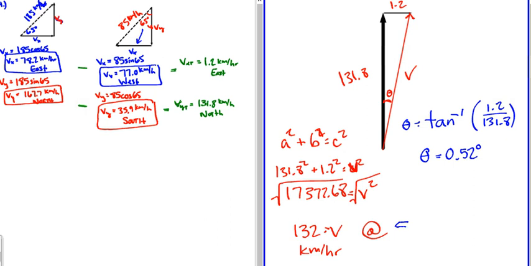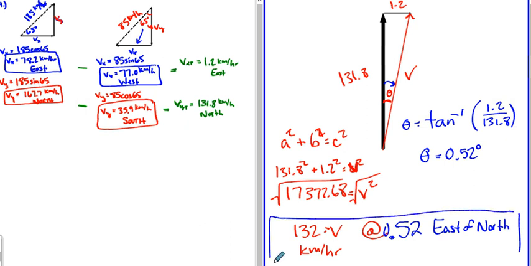I usually put a leading zero here. 0.52 degrees. And what direction? Not straight north. There's a little bit of east there. So we are going a little bit east of north. And that's number 4. All right, next video will be 5.